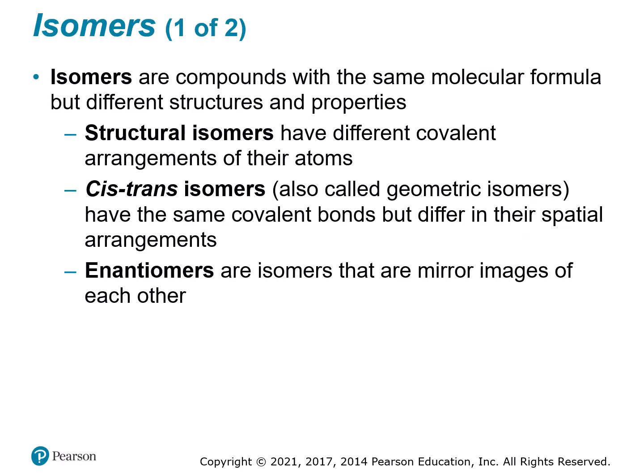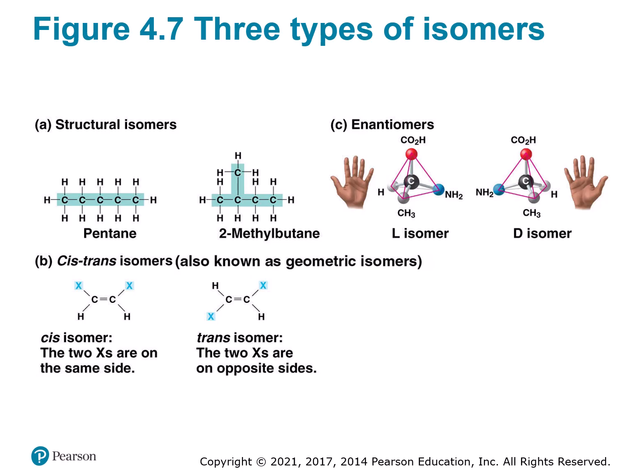So these carbons can come together in different forms, and then we form what we call isomers. We have structural isomers, and I'll talk about this a little bit more, cis-trans isomers, and enantiomers. So in this image in figure 4.7, structural isomers means that you have the same formula for this compound and this compound.